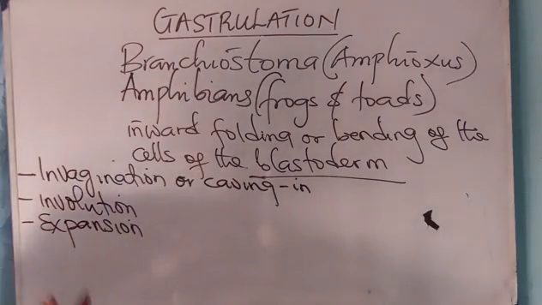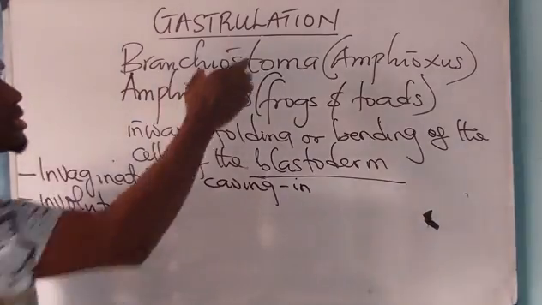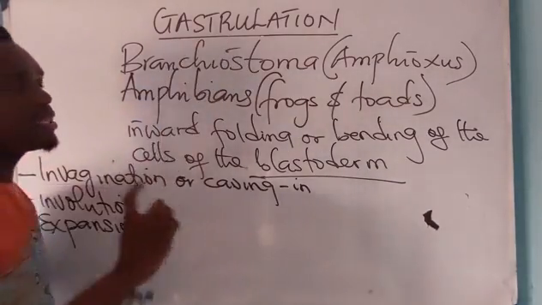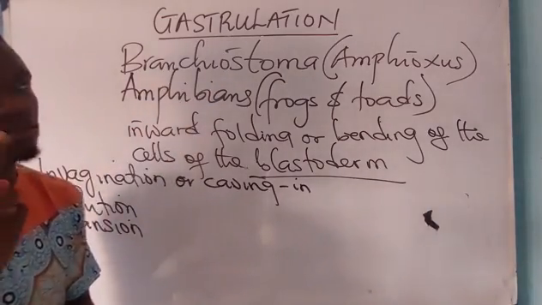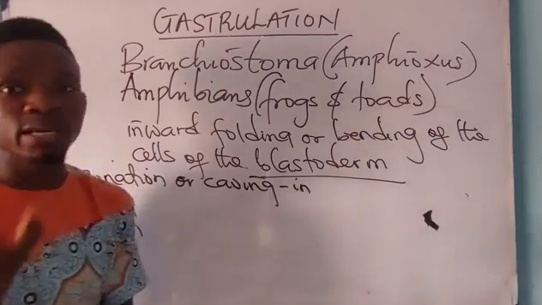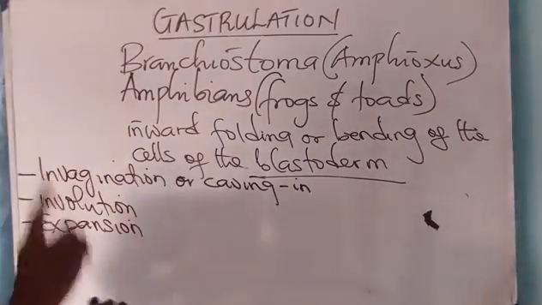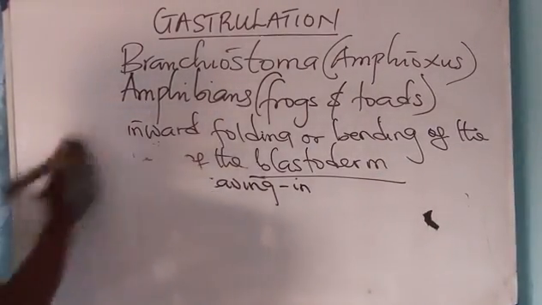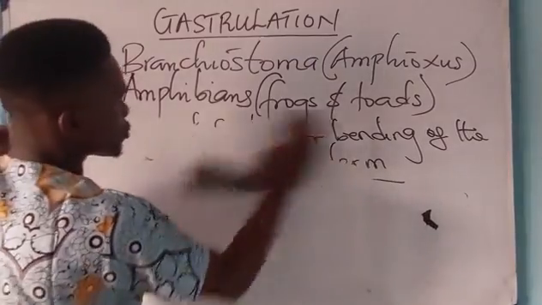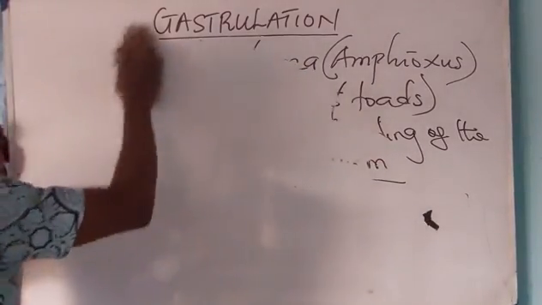Amphibians. So we said that the purpose of gastrulation is to form three germ layers, which are the ectoderm, the mesoderm, and the endoderm. Now let's check what happens during gastrulation, diagrammatically. Let me use an illustration to explain.